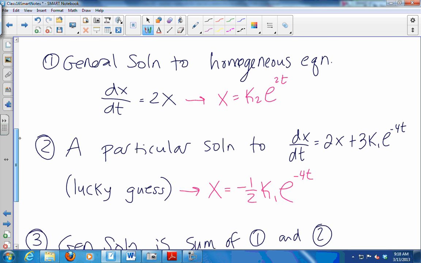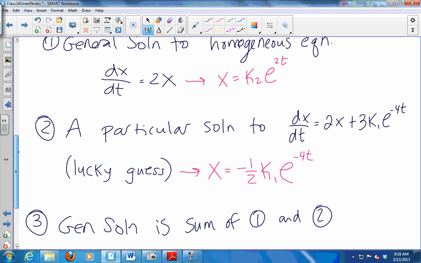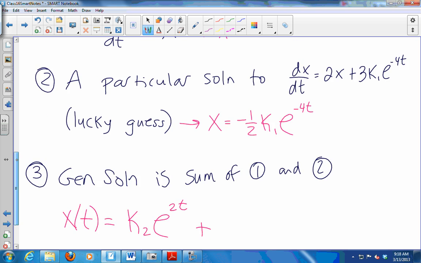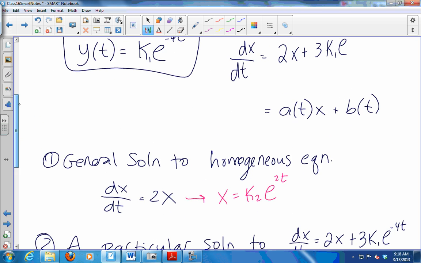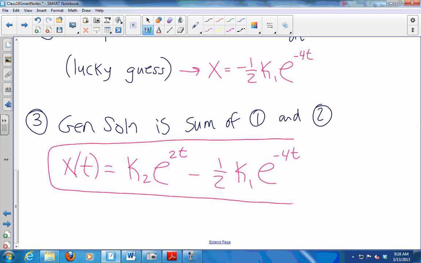So final x of t is k2 e to the 2t plus, I know, sorry, minus 1/2 k1 e to the negative 4t. So there's my x of t, general solution.